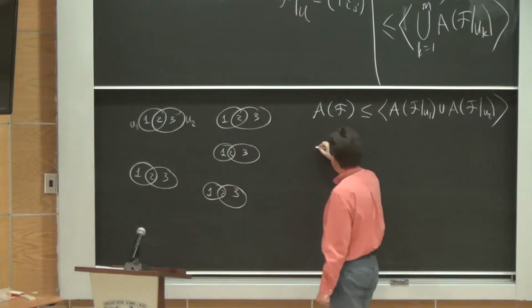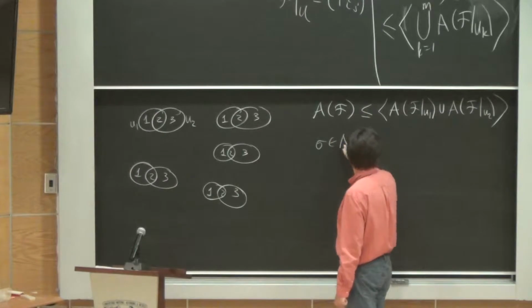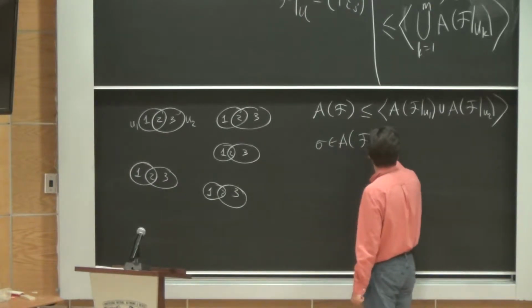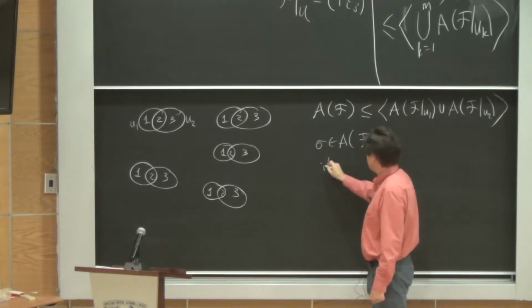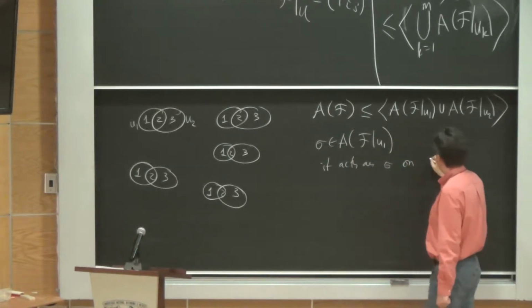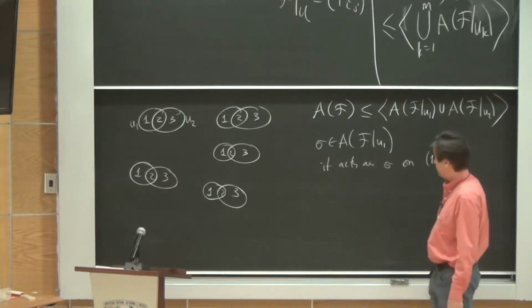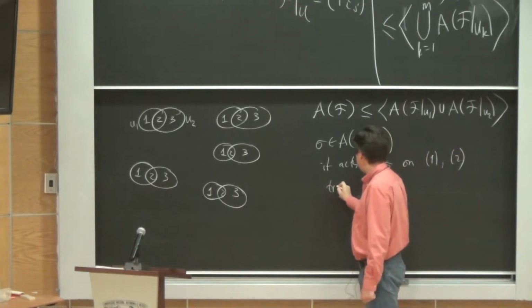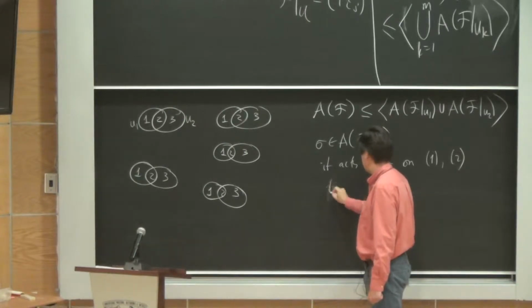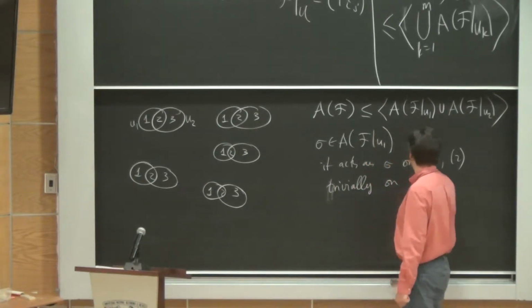So if you have a permutation sigma in A(F restricted to U_1), it acts as sigma on piece number 1 and piece number 2, and identically on piece number 3.